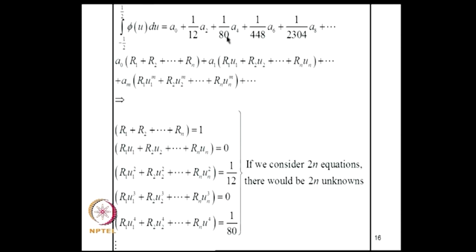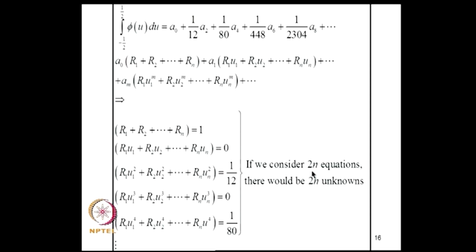For this to be equal, the coefficient of a naught here is 1 and the coefficient of a naught here is this, which should be satisfied. Similarly, the coefficient of a1 here is 0, so that must be 0. By writing this we can write as many equations as we want.